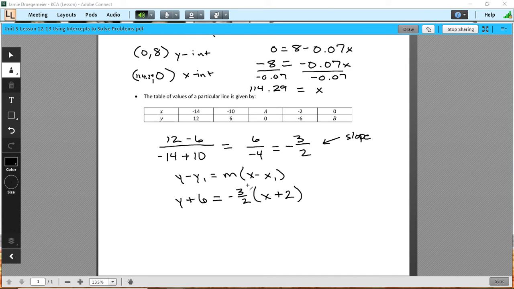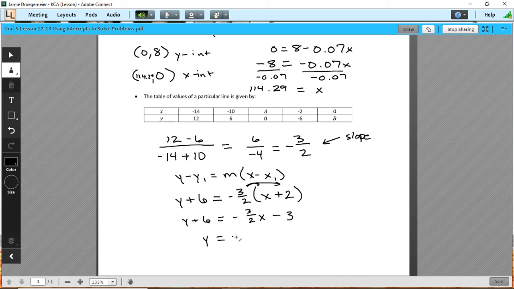And now I could go ahead and put this into slope-intercept form by simplifying this equation. I'm going to distribute the negative 3/2. So I get y plus 6 equals negative 3/2 times x, and then negative 3/2 times positive 2 would simplify to -3. And then final step here, I'm going to subtract this 6 to get the y by itself.